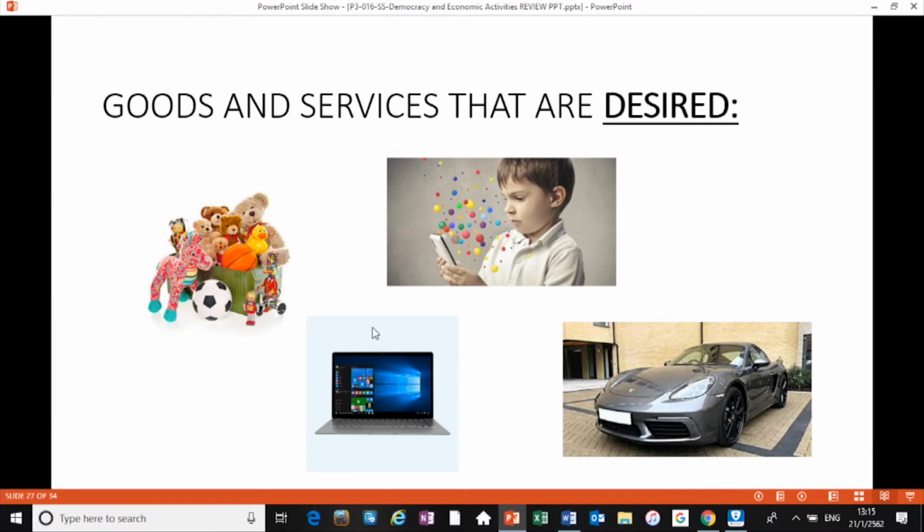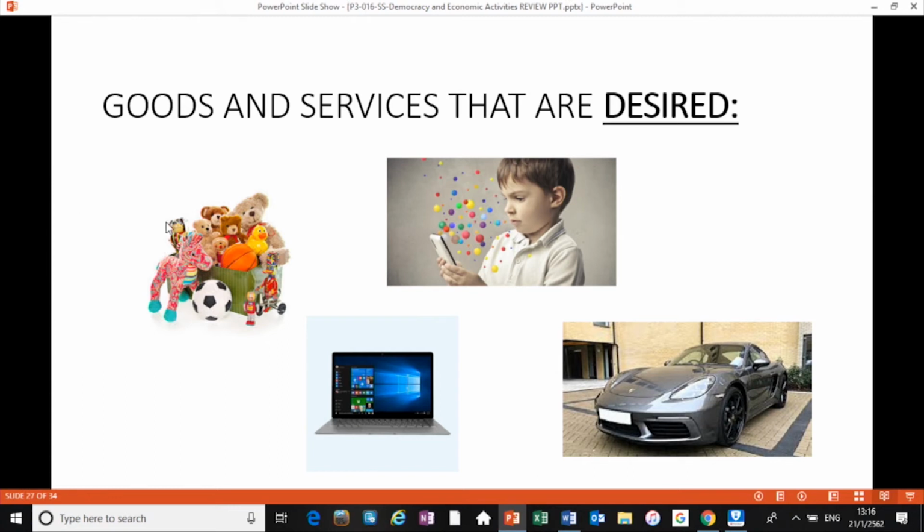Goods and services that are desired. What does desired mean? If need means things we must have, desired, things we want. We don't need them.